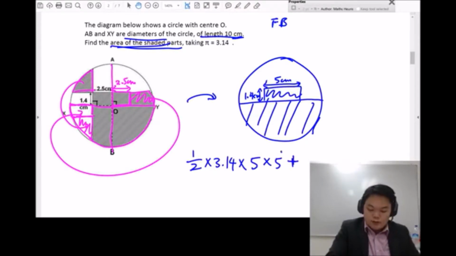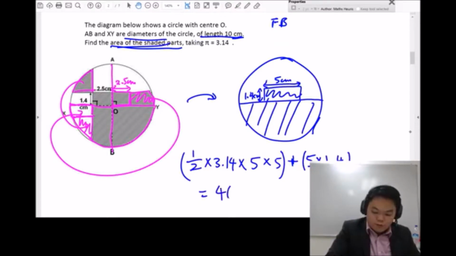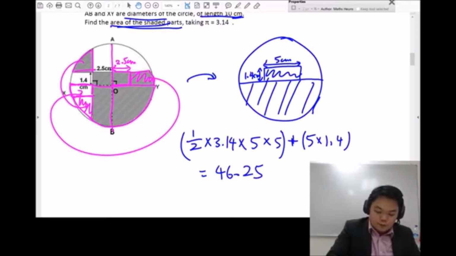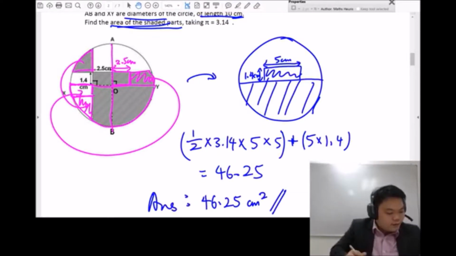So this is the area of the semicircle, plus the area of the rectangle, which is 5 times 1.4. This will give you 46.25. So the answer here must be 46.25 cm squared. Alright?